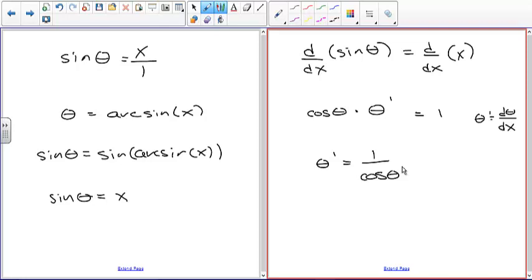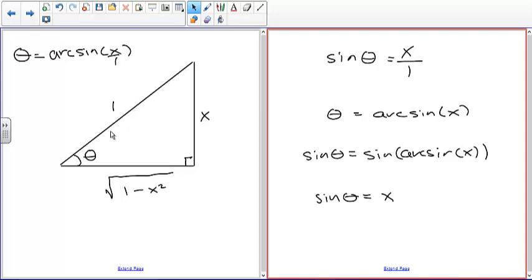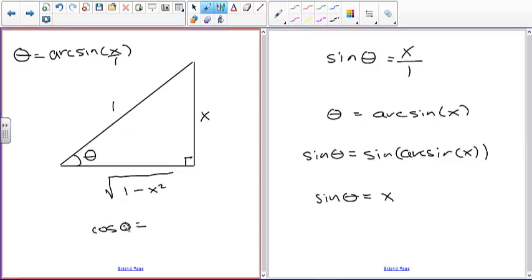In the first problem we did in class today, when we used logarithmic differentiation, the last step was to multiply both sides by y and substitute that back in. Well, it's not quite as simple here, but in terms of my original right triangle, if the sine of theta is equal to x over 1, we can say that the cosine of theta is equal to the length of the adjacent side divided by the hypotenuse.